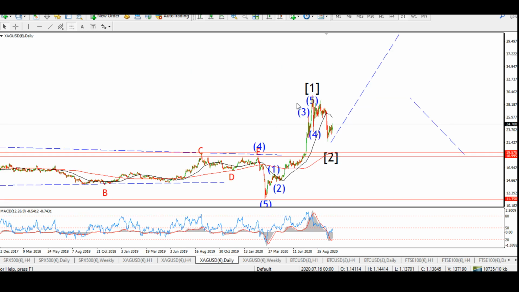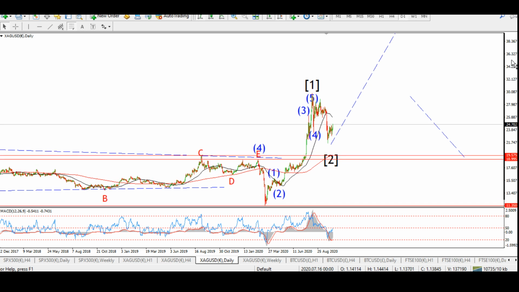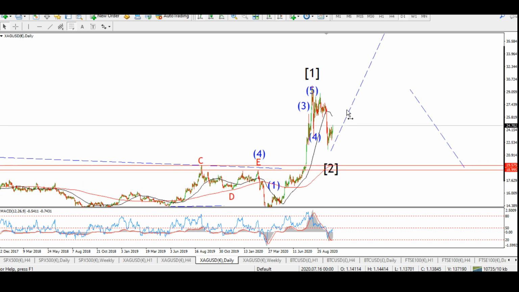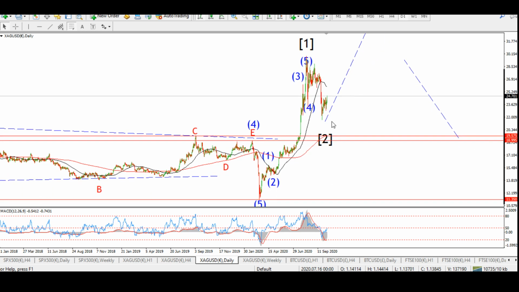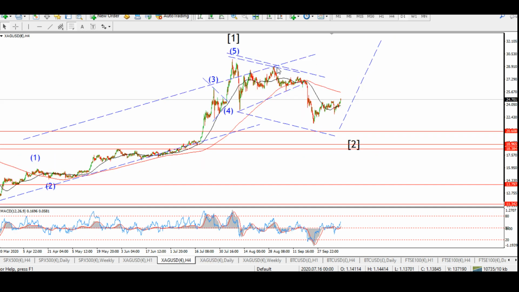Daily count will show you. Well, it's hard to pull that out, to be honest. 5 waves up in wave one, and we're still working on wave two. If I go to the 4-hour count, it'll probably show this wave 1, 2, 3, 4, and 5. We're still probably in wave 4, and we will move lower into wave 5.